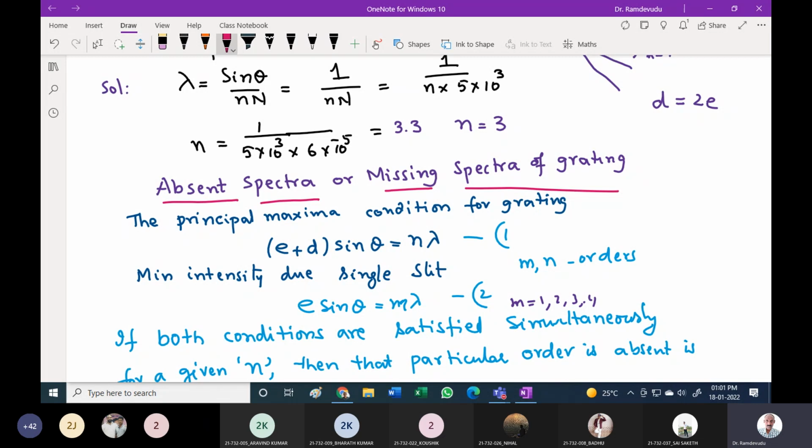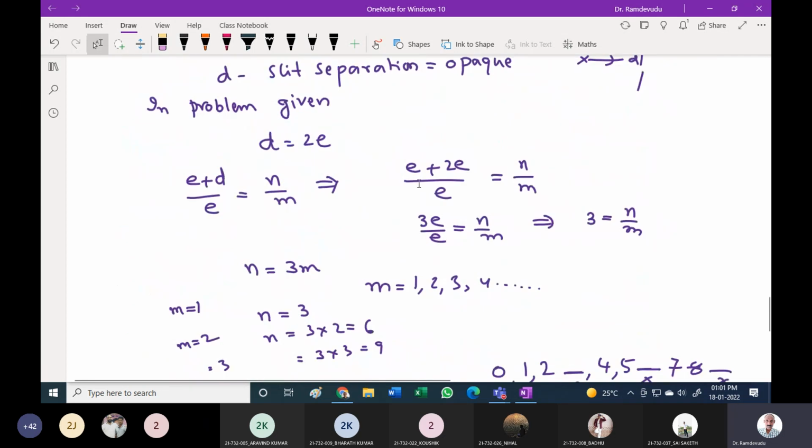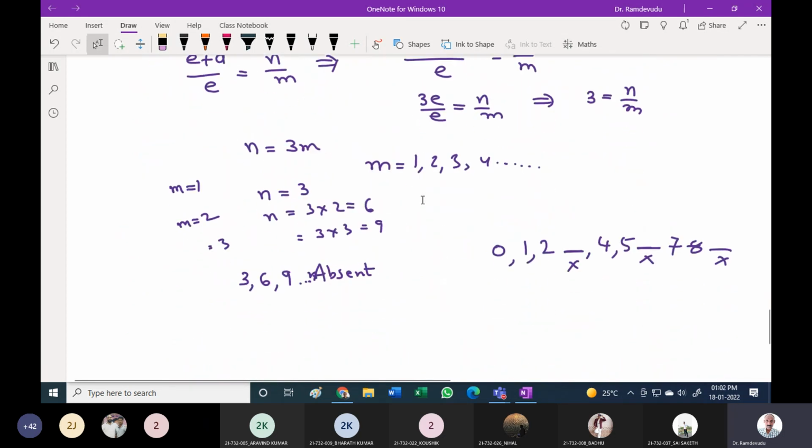The principal maximum of the grating and the minimum of the single slit exactly fall together and cancel each other. Therefore certain orders are missing. That does not mean all others are missing. Only 1, 2 orders will be there in this case, but the third order and sixth order cannot be seen. The ninth order cannot be seen. They are missing, but all other orders are possible.